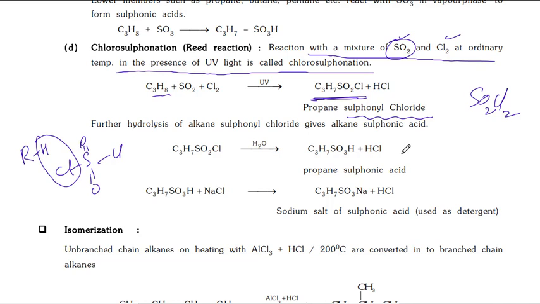Okay, next, further hydrolysis of alkane sulfonyl chloride gives alkane sulfonic acid. Alkane sulfonic acid, that means the chlorine is replaced with OH, then sulfonic acid is forming.